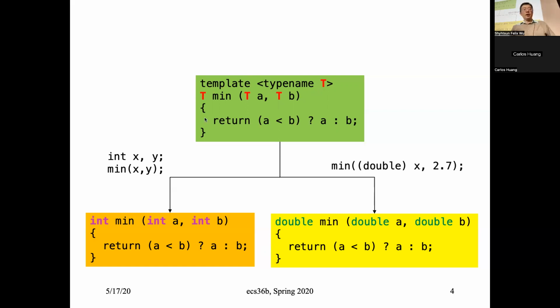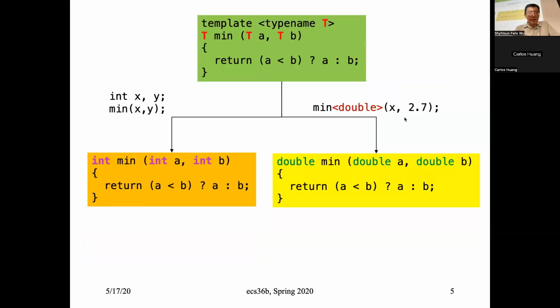It basically says this function called minima is going to return something that belongs to that type. The input parameters A and B are also of type T. Inside the function body is return A is smaller than B.